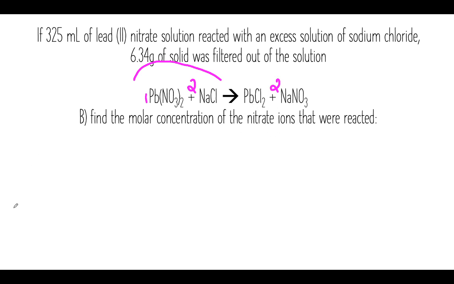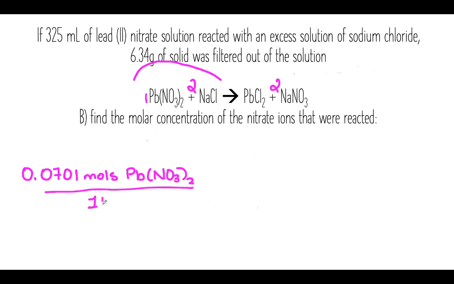So the answer that I found previously was 0.0701 moles of Pb(NO3)2 for every 1 liter. And I want my answer to be moles per liter of NO3 minus 1 ions.